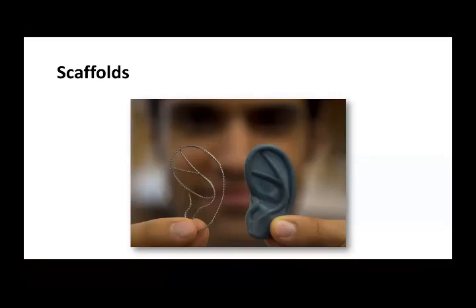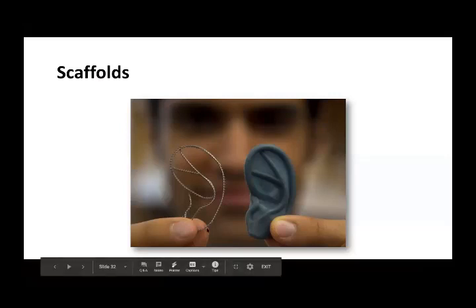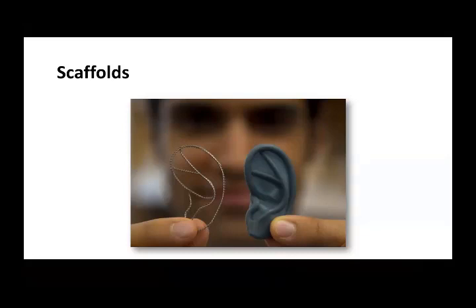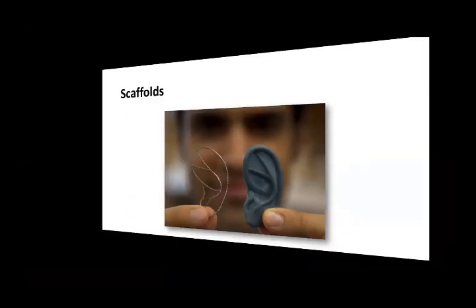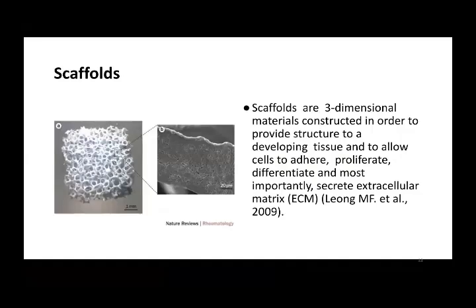They provide, obviously, just a structural element, and the physical and chemical signals that are necessary as well. Tissues are composed of cells, insoluble extracellular matrix, ECM, and soluble molecules to regulate cell function as well.